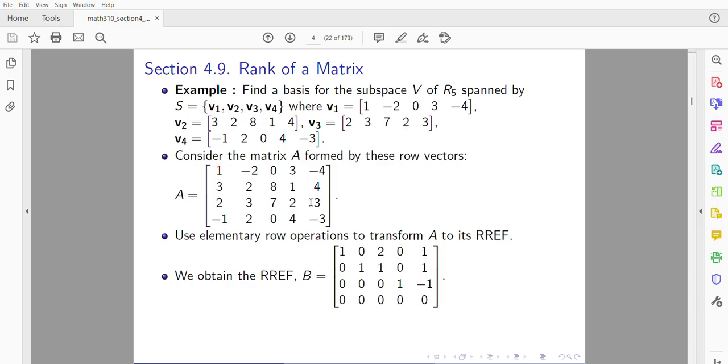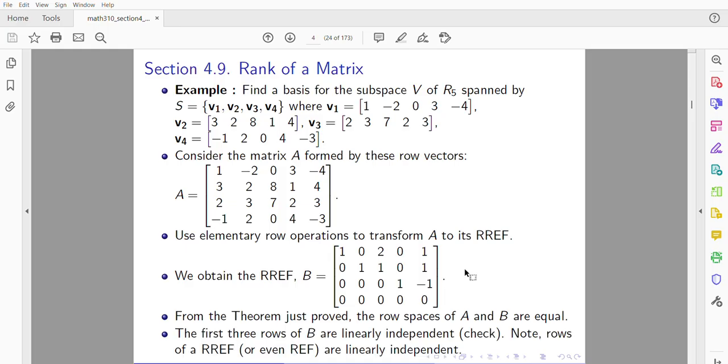Notice I have an entire row of 0, but otherwise I have three non-zero vectors in my reduced row echelon form. By the theorem we just proved, the row spaces of A and B are equal. The first three rows of B are linearly independent because the leading ones are in different locations.